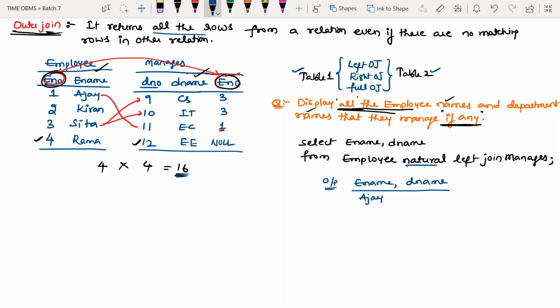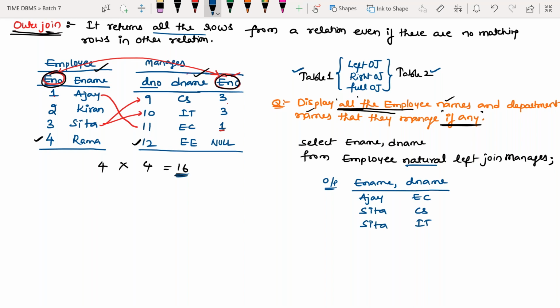D name EC. Ajay is managing the EC department. And one more, E name Sita is managing the CS department. E name Sita is managing the IT department, right?